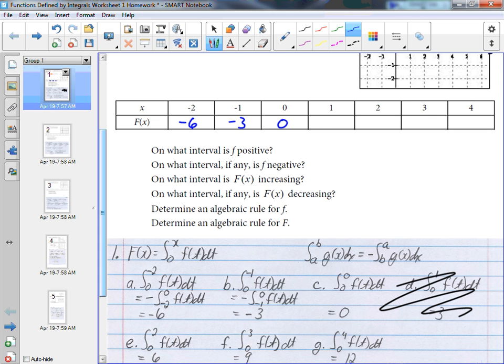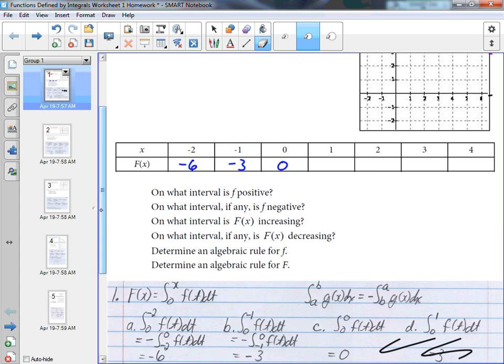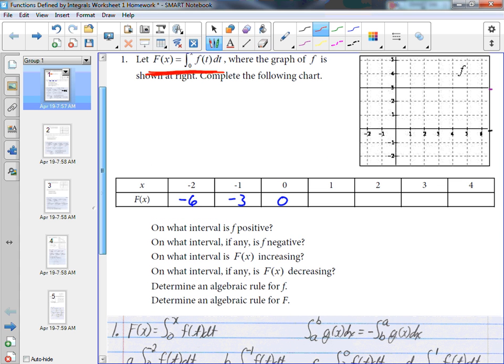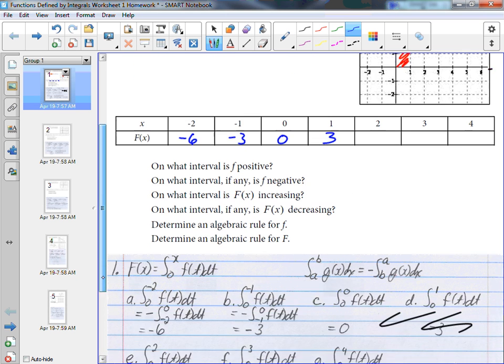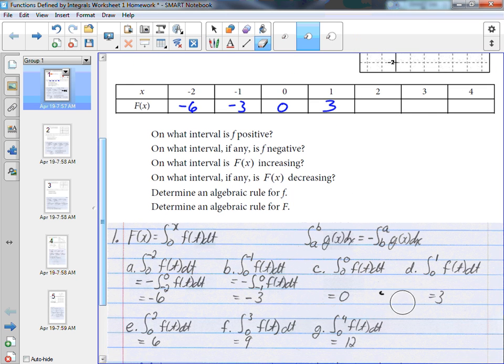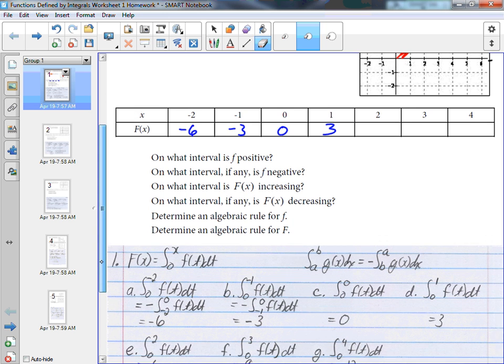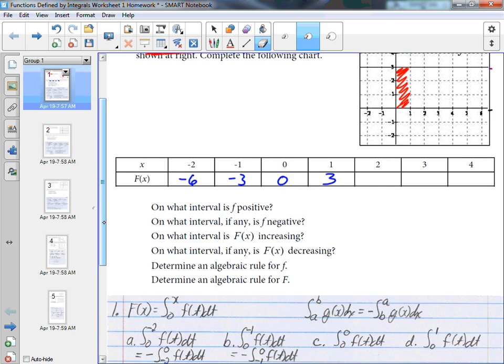And then we can pick up the pace a little bit. Next, they want x to equal 1. So that's the integral from 0 to 1, which, if you look up here, from 0 to 1 would be that area, which is 3. And then from 0 to 2, to find out what happens when x equals 2, all that does is put more space there.